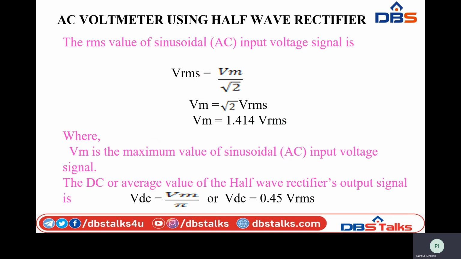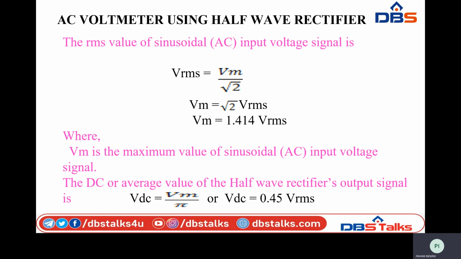If you look at the determination of voltage for the half wave rectifier, the RMS value of the sinusoidal input voltage signal can be written as E_RMS, the root mean square value, which is equal to VM, the maximum sinusoidal input voltage, divided by root 2.